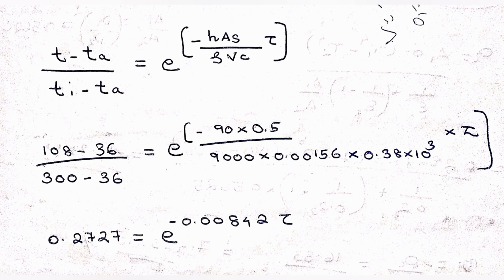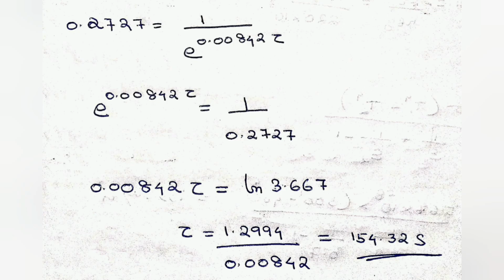108 minus 36 divided by 300 minus 36, we get 0.2727 is equal to, by solving all that, e raised to minus 0.00842 tau. That can be written as 1 by e raised to 0.00842 tau, and we rearrange: e raised to 0.00842 tau is equal to 1 by 0.2727.